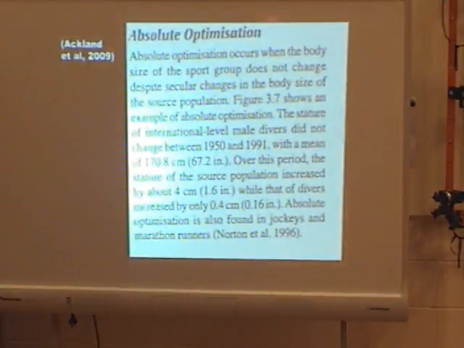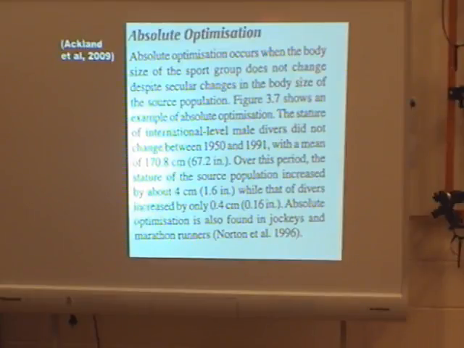And then the third theory, the last one they talked about, is absolute optimization. It occurs when the body size of the sport group does not change despite secular changes in the body size of the source population.